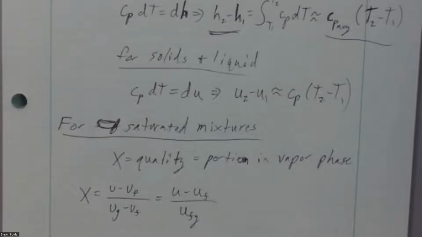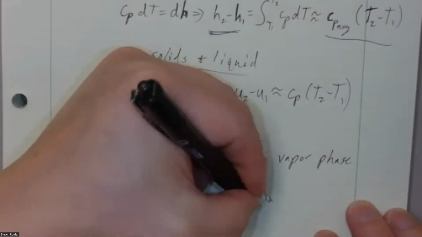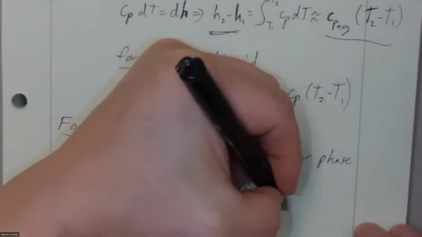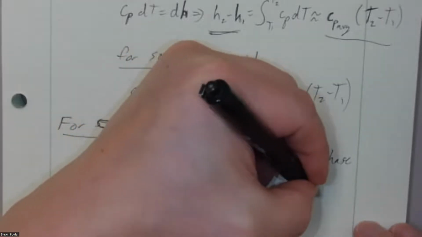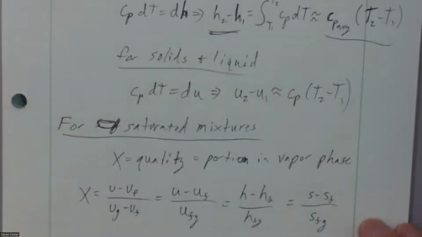You can mathematically take the difference if you like, but if your property table gives you that value automatically, feel free to use it. Same thing for the other properties. H minus H sub F over HFG. It's also equal to S minus S sub F over SFG.